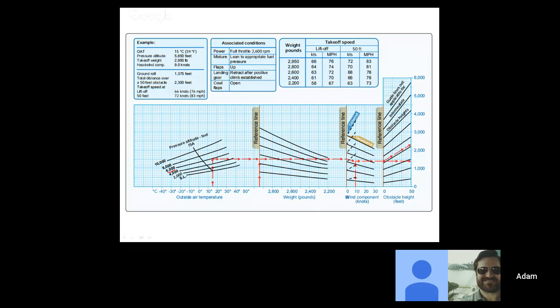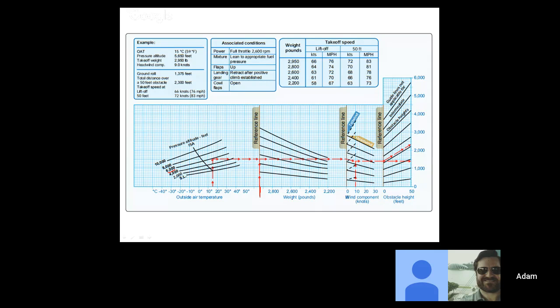And what are we doing with weight? 2950. So my 2950 line happens to be what appears to be maximum. So we don't have to follow any of these contours in this example.